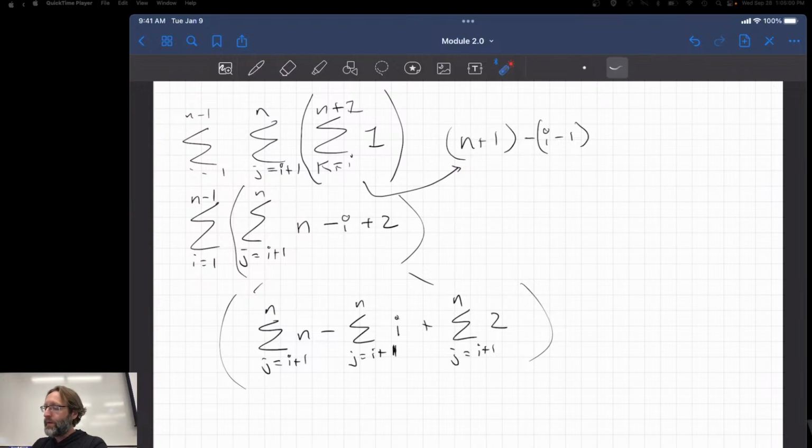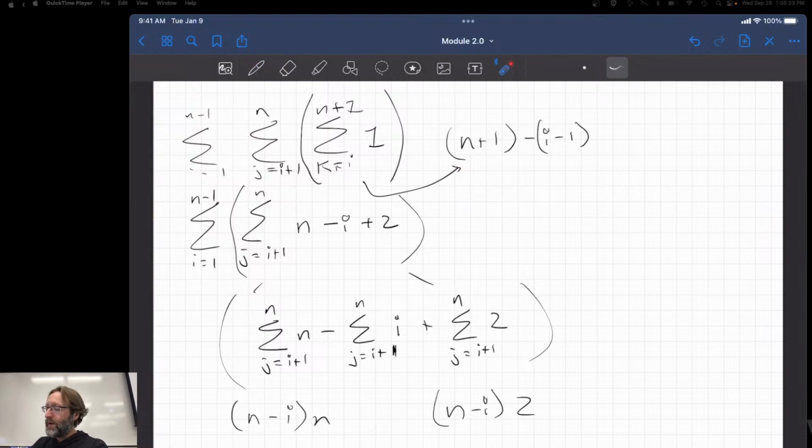The first one, it's n plus n plus n plus n plus n. How many times? Not n times, but n minus what? n minus, we start at i plus 1, so the things that we didn't count were 1 through i. So n minus i times n, right? What about this third one right here? 2 plus 2 plus 2 plus 2, how many times? n minus i there as well, times 2.